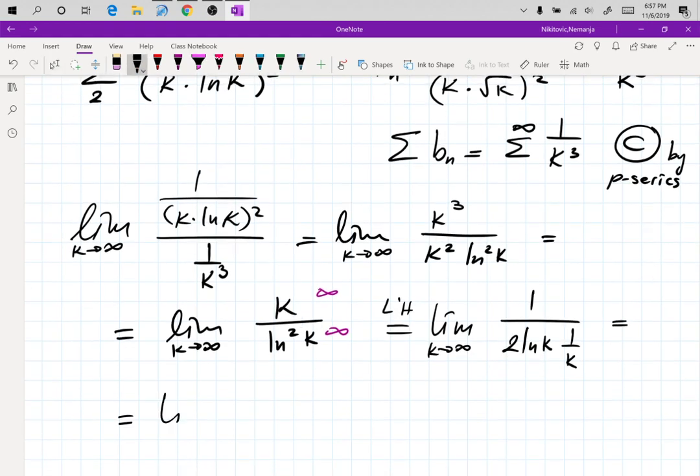This becomes limit as k goes to infinity of k over 2 ln k.